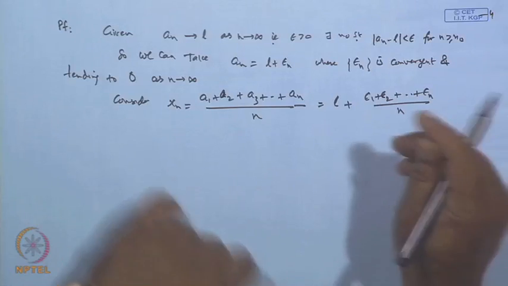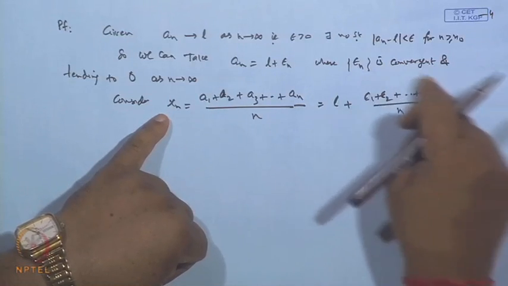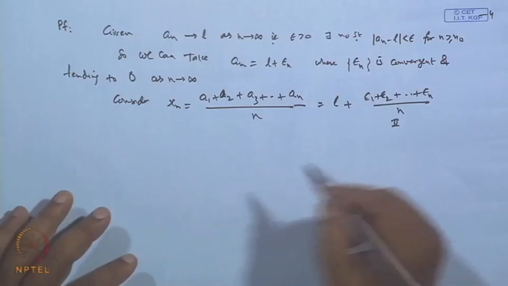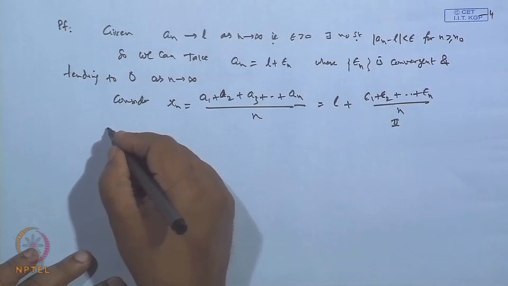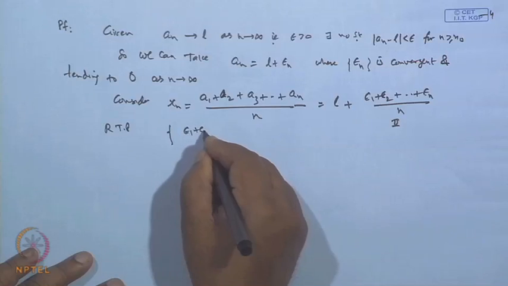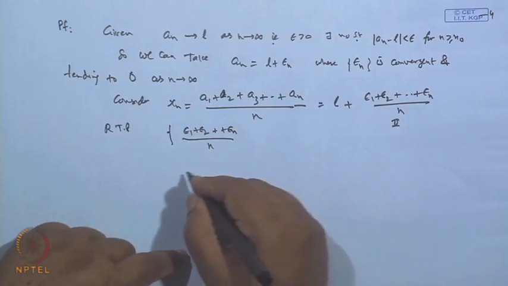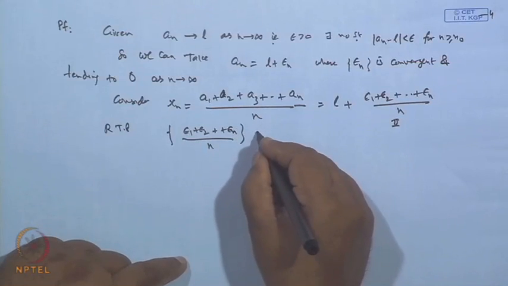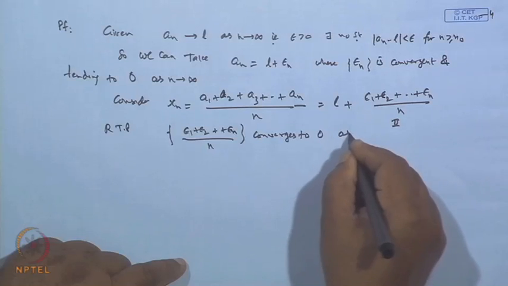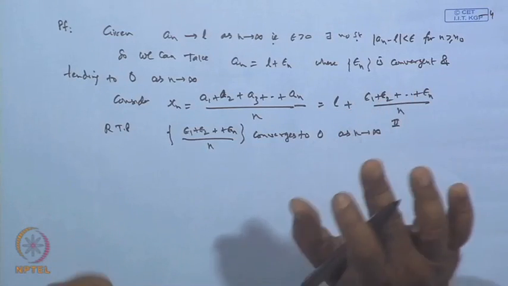We get this. Now, we wanted the sequence x_n to go to L. It means, if I prove that this second term goes to 0 as n tends to infinity, then it will. So, required to prove is the sequence (epsilon_1 plus epsilon_2 plus ... plus epsilon_n) divided by n converges to 0 as n tends to infinity. Once we prove this, then x_n will go to L.